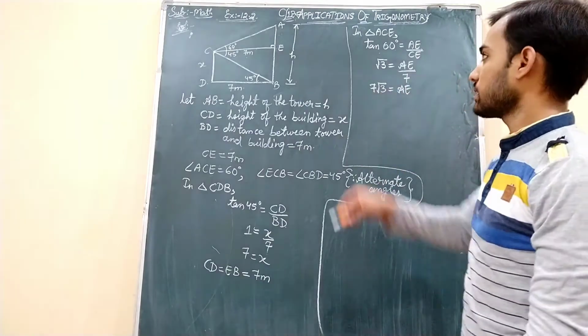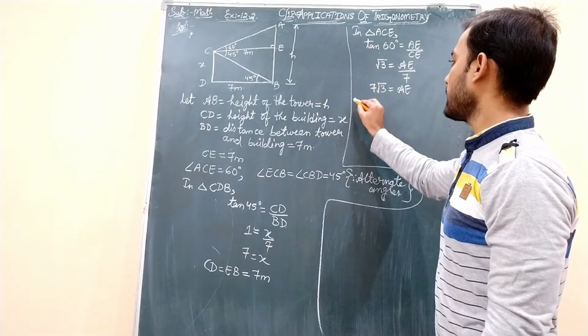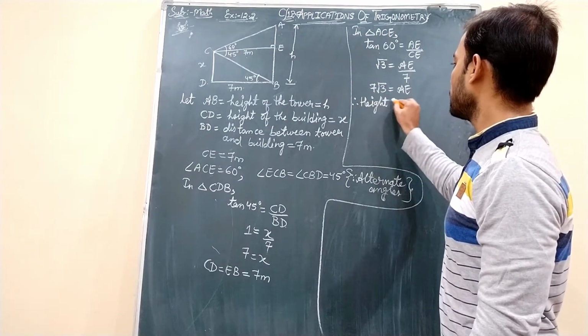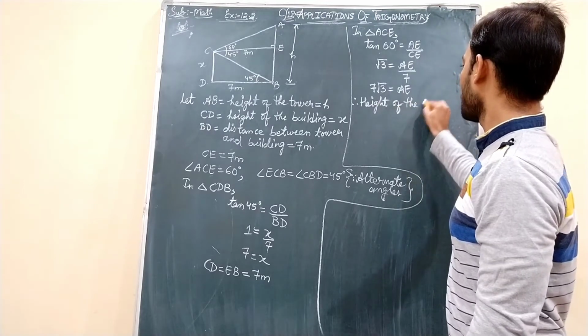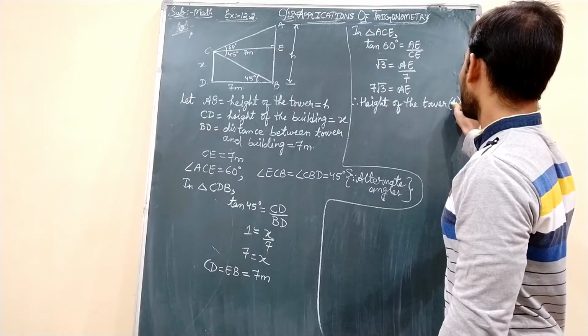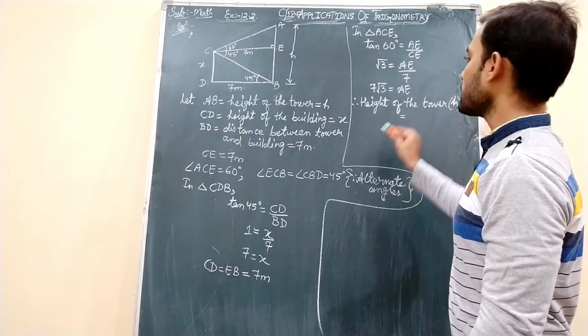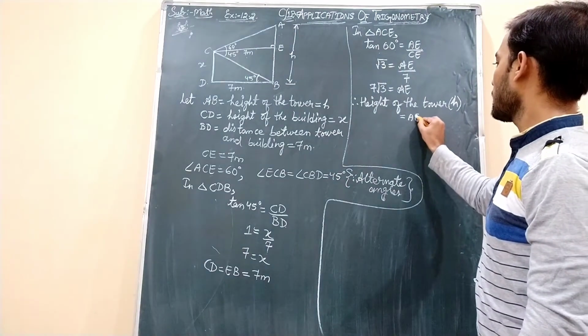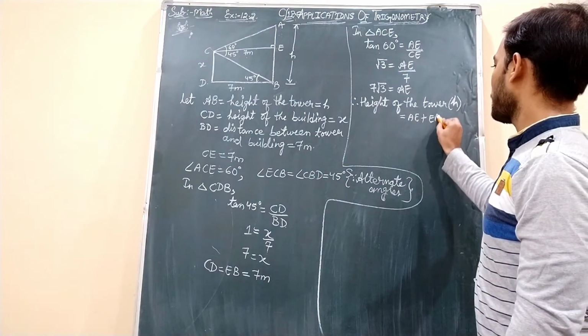Okay students, now going to find out the height of that tower. Therefore, height of the tower that we have taken as H is nothing but the combination of two sides. One is AE and another is EB, students. AE plus EB.